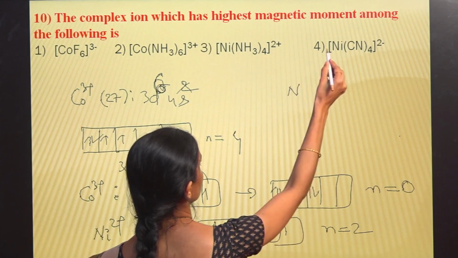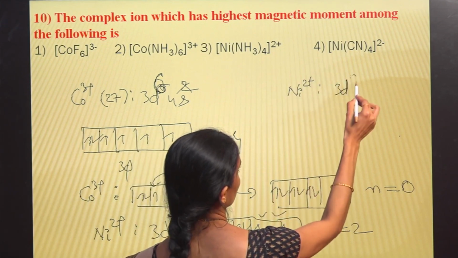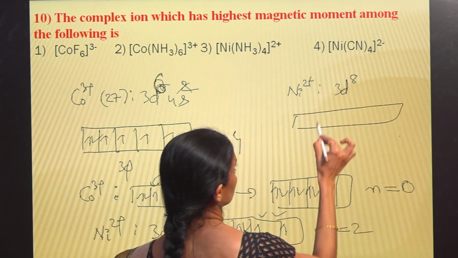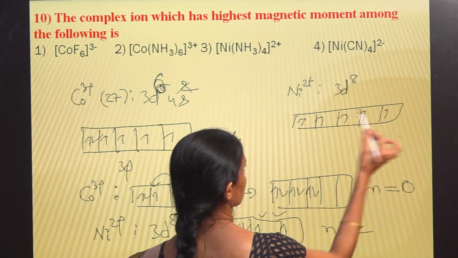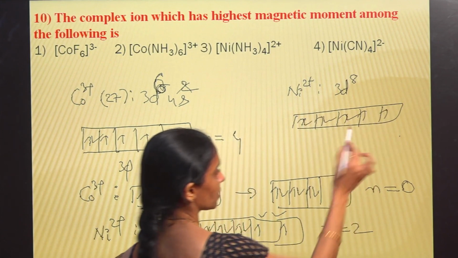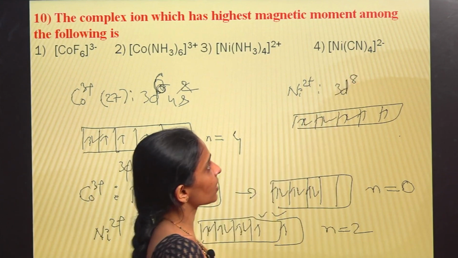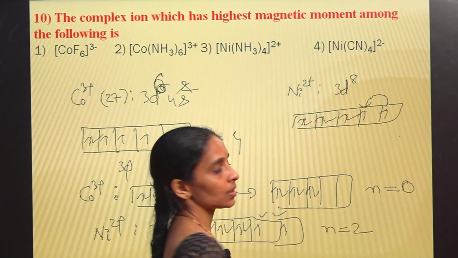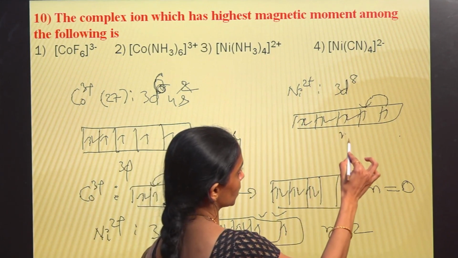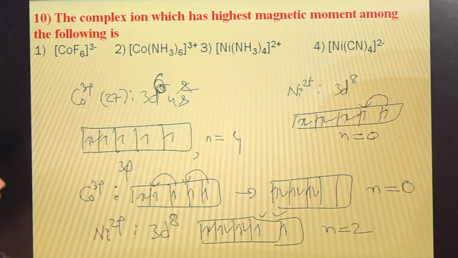We have in the last complex Ni2+ 3d8. First 5 electrons, then 6th, 7th and 8th. So this is the configuration, but because there is a cyanide ligand, which is a very strong field ligand, these 2 electrons are paired up. Here also electrons pair up and unpaired electron number becomes 0.